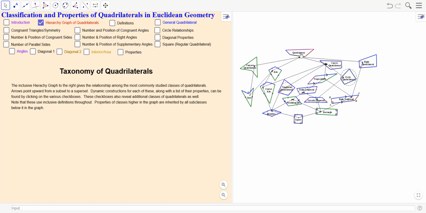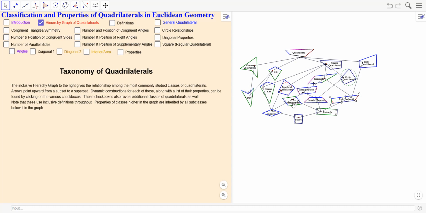So the main ones that people will study are quadrilaterals, concave and convex quadrilaterals, kites. A concave kite is called a dart. Convex kites we have as well. We have trapezoids, and a trapezoid is a quadrilateral with at least one pair of parallel sides, so that's going to include parallelograms, isosceles trapezoids, and right trapezoids.